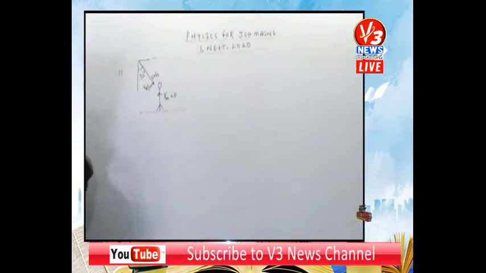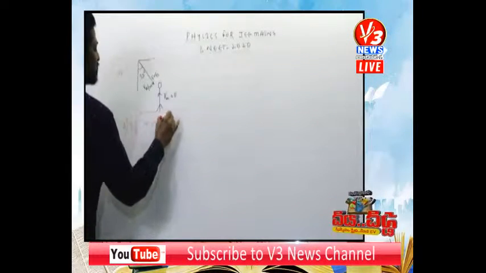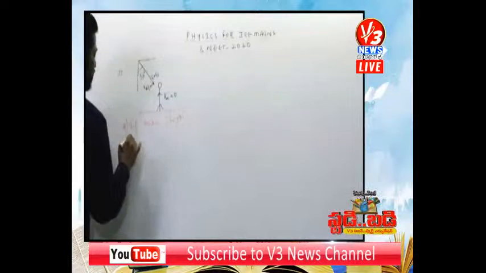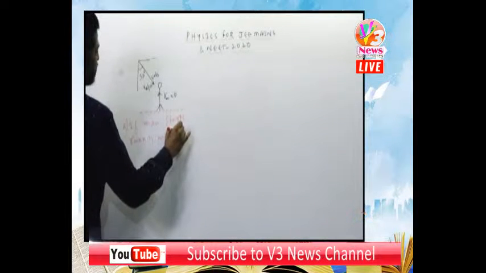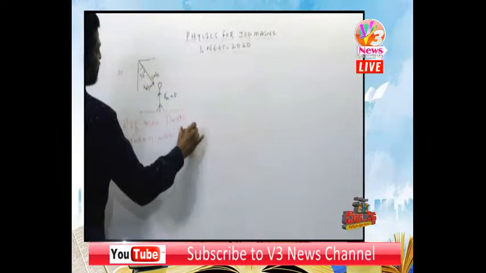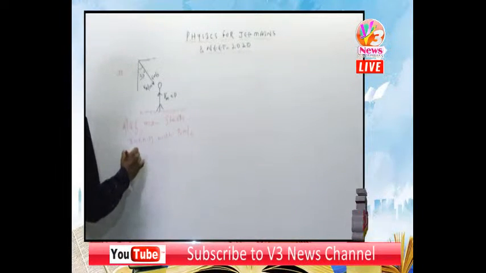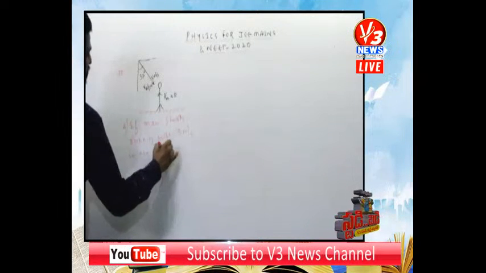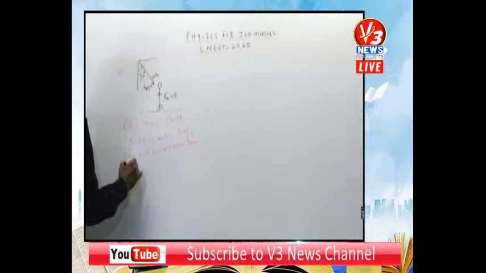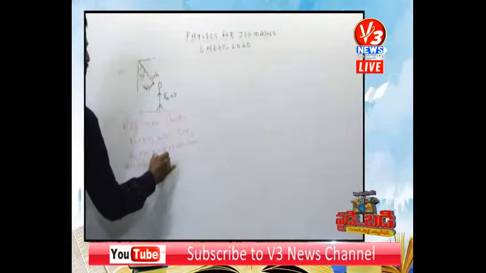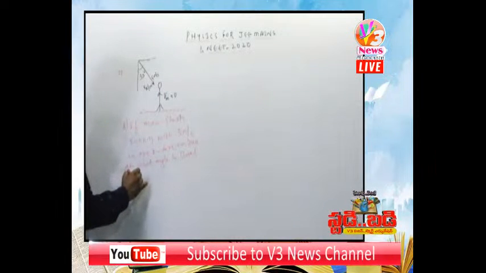Now the question is, if the man starts running with 3 meter per second in the positive x direction, then at what angle should he hold the umbrella?